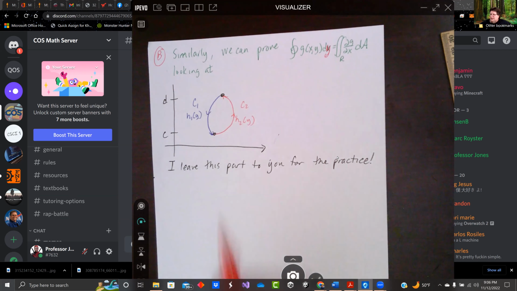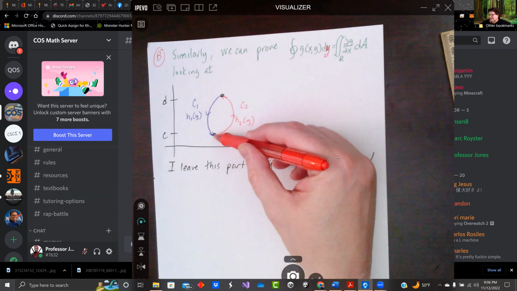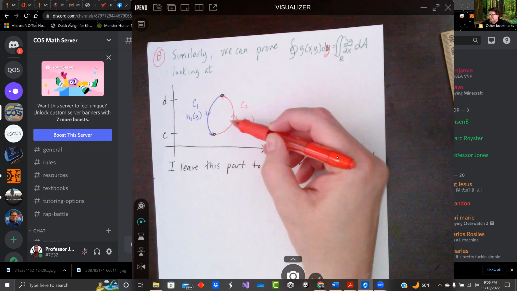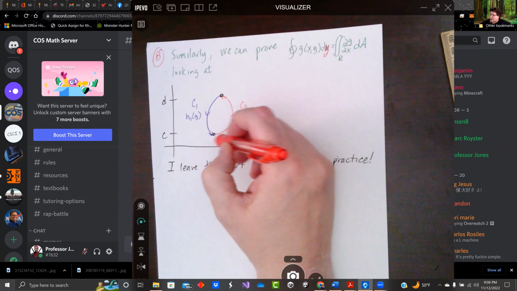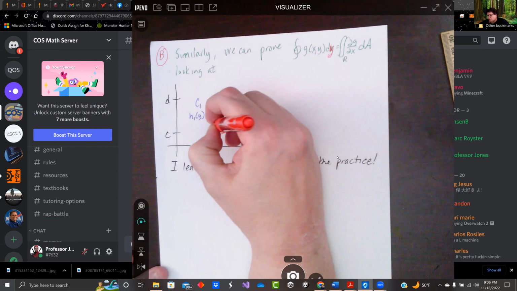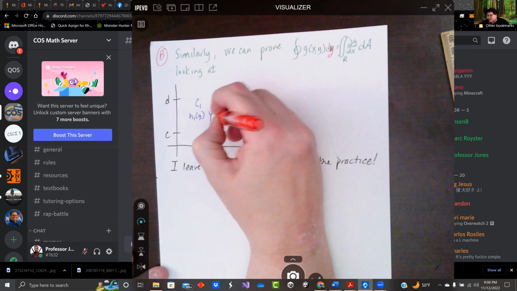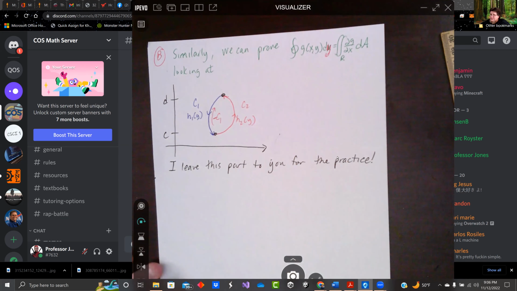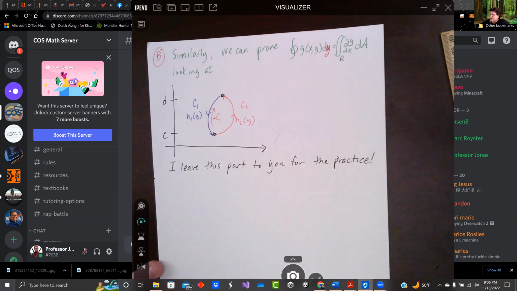We do the same thing. We have a lower limit down here, c, and an upper limit d here. The left one is h1 of y. The right one is h2 of y. We're going clockwise normally when we integrate upwards. So we're going to work along this as negative C1. And you'll see everything works out pretty much the same to get this component.